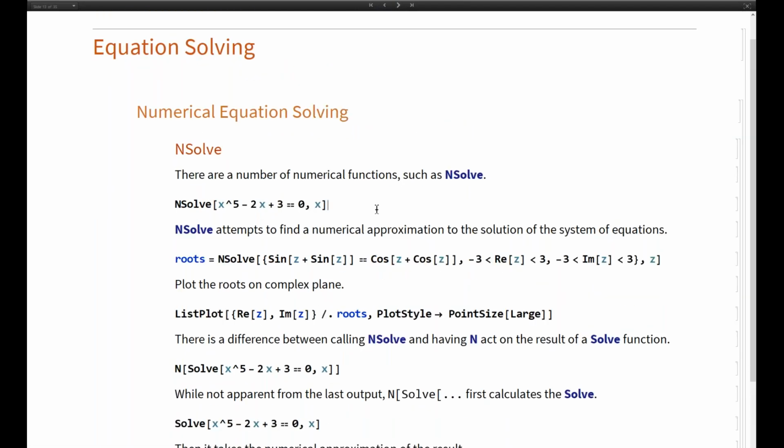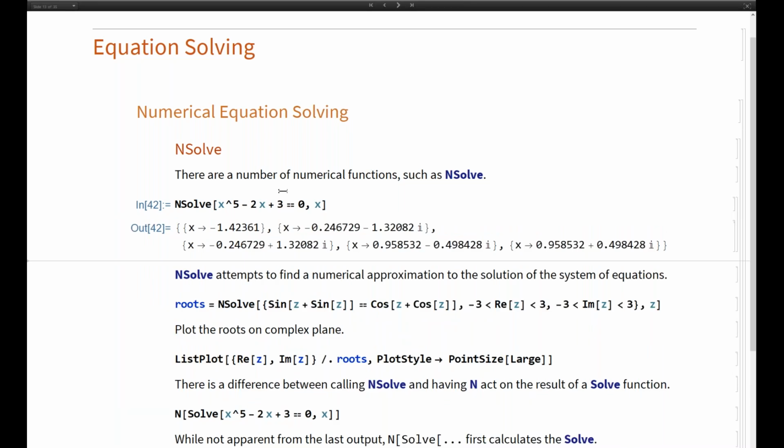At all points I've highlighted, the system will try to keep things as symbolic as possible, and it's the use of this function or notation of n at all times that will produce a numerical result. In which case, finding a numerical solution for this particular equation, you'll notice can be done. Some of the results are in fact imaginary.